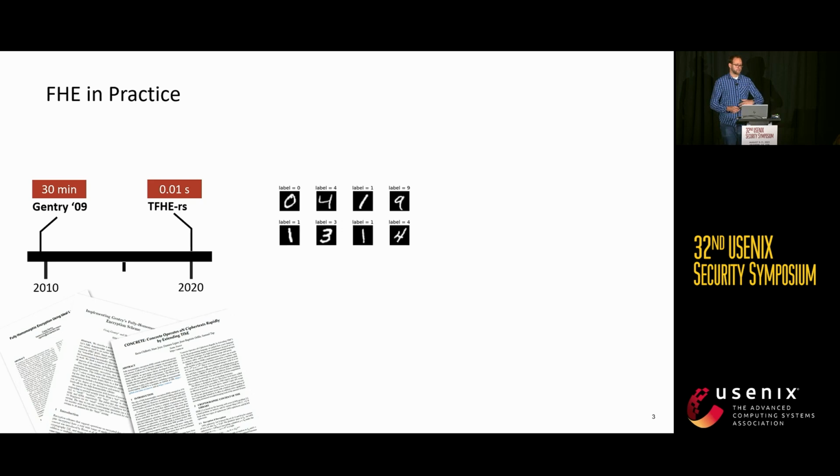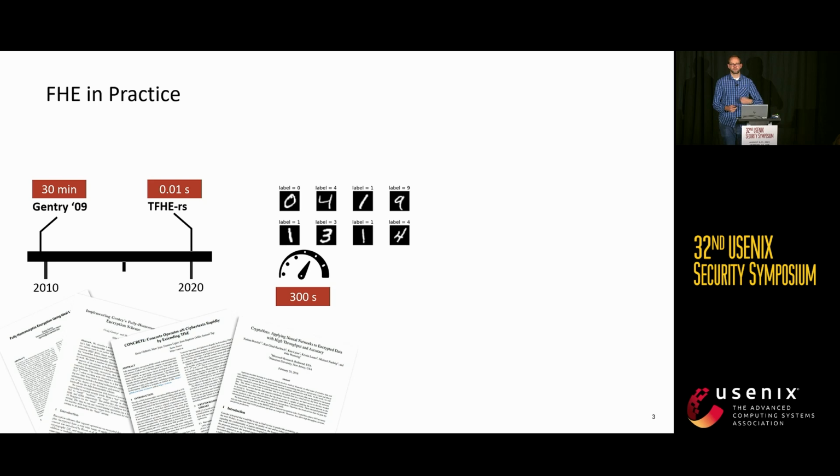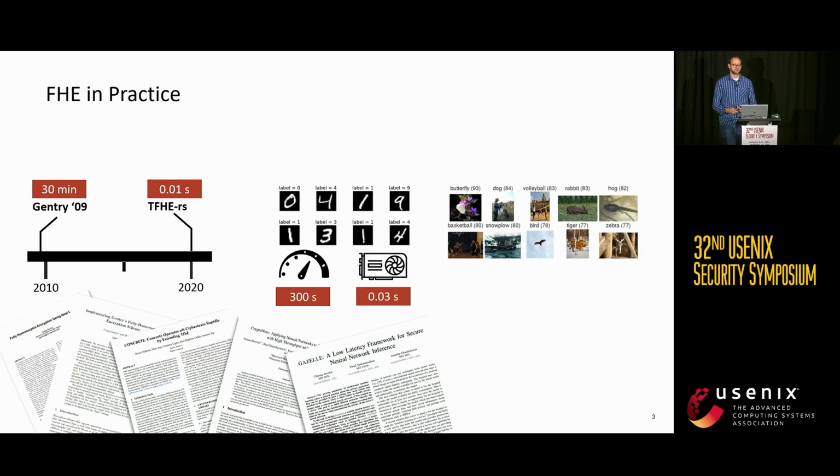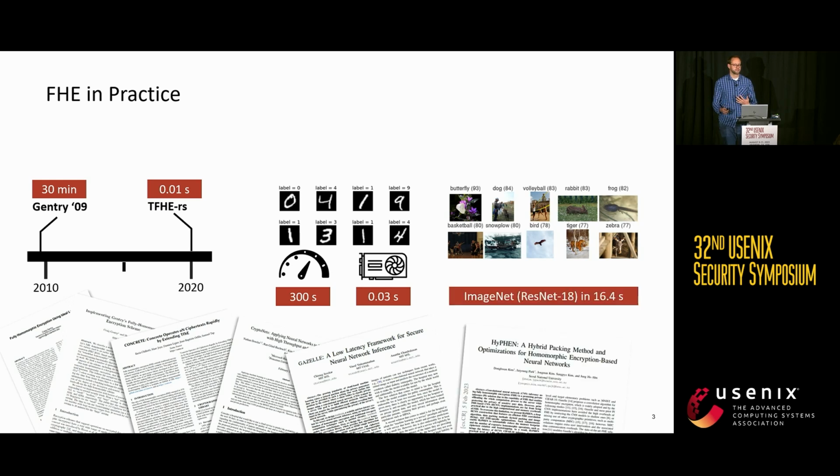And beyond improvements to the underlying scheme, we've seen massive improvements on the algorithmic and application design, including better hardware utilization. So, from 2016, where the state of the art for an MNIST inference was a couple of minutes, we're now down to hundredths of a second for the same task. And in fact, the community is now looking at more realistic problems like ImageNet, where a ResNet inference can be done in just a few seconds.